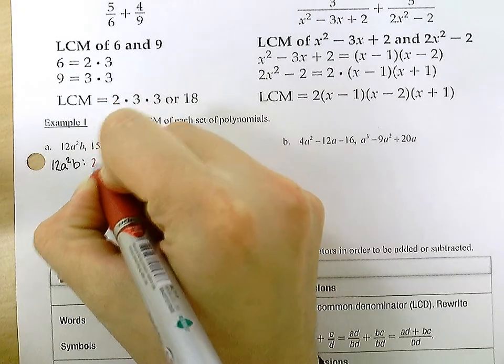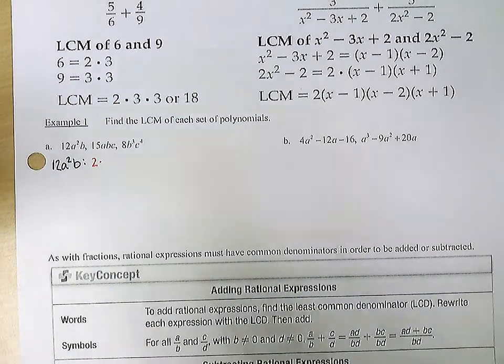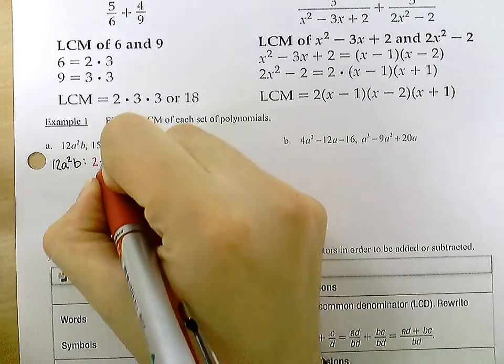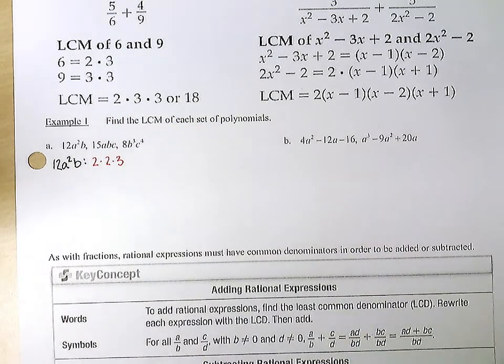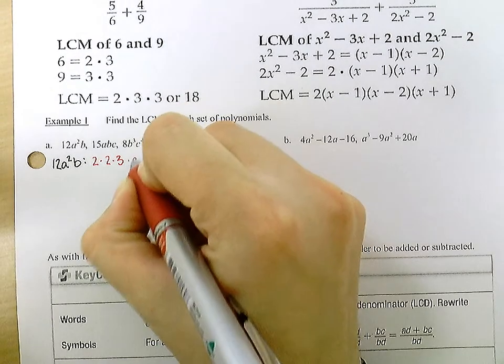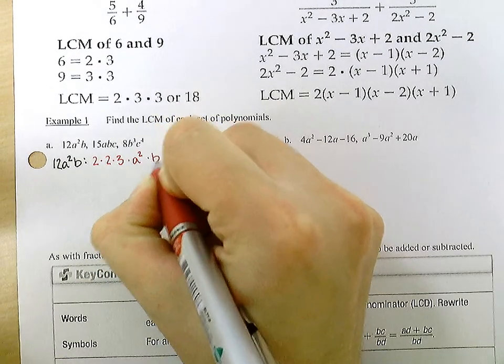So I have 2 times, now 6 factors into what? 2 and 3. So that's my factor of 12. Then I just include a squared and b.